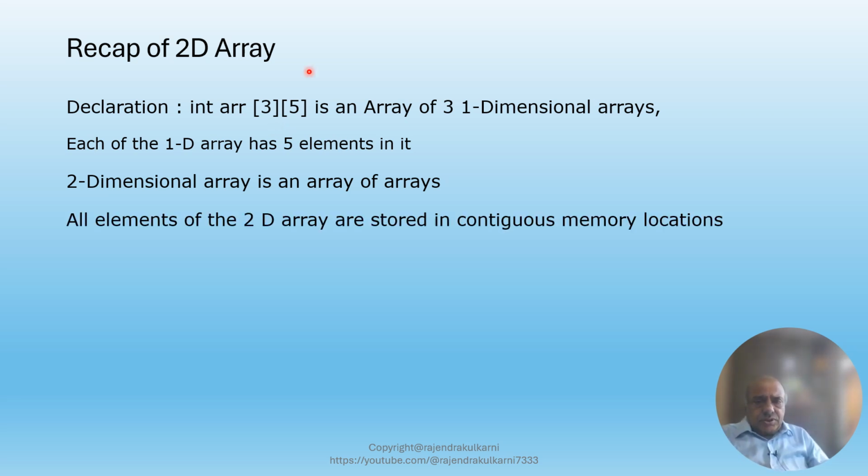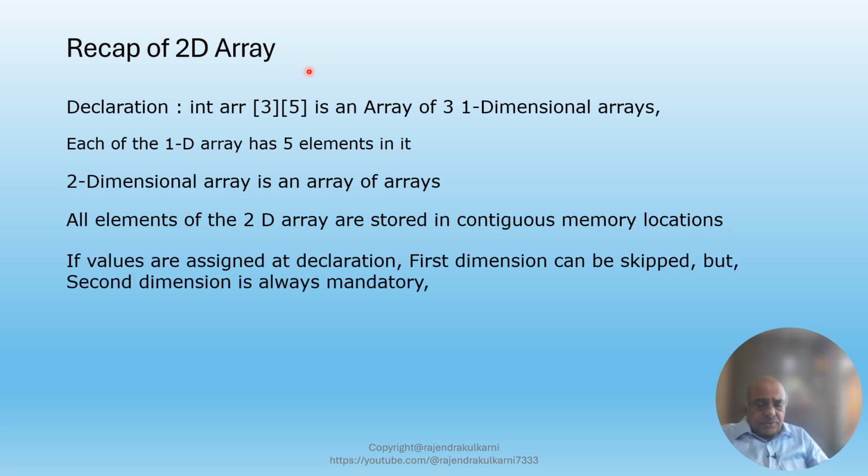How are they stored in the memory? All the elements of the 2D array are stored in the memory in contiguous memory locations. Here we have declared an array arr with subscripts 3 and 5.